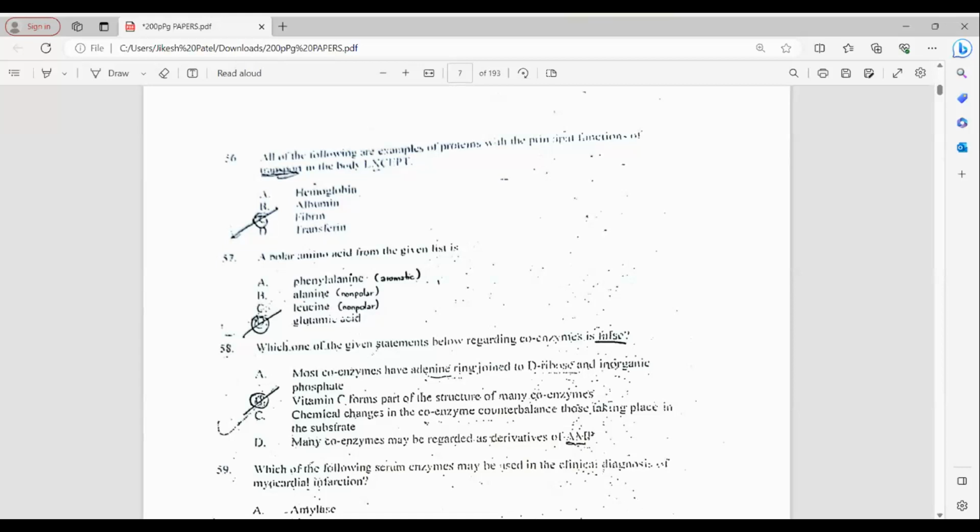Then, which are examples of proteins involved in transport in the body, except fibrin. Remember hemoglobin, heme, albumin, a lot of things transport iron, but fibrin is for clotting, not transport.